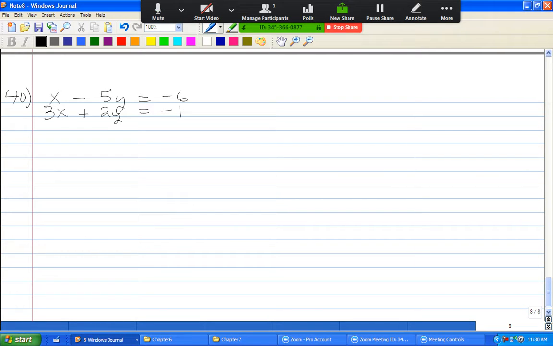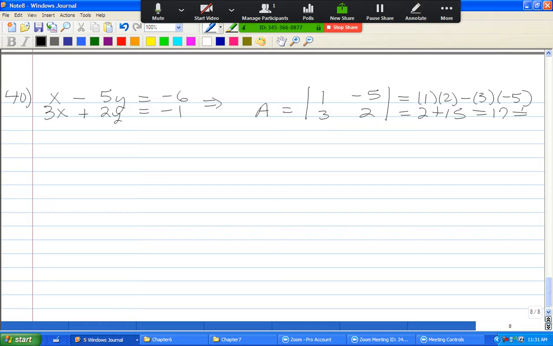Okay, so let's use Cramer's rule. Well, A is the determinant of 1, 3, minus 5, 2. Let's calculate this, because if it's 0, then I can't proceed anyway. 1 times 2 minus 3 times negative 5. So this is 2 plus 15, 17, which is non-zero. Good. So I can proceed.